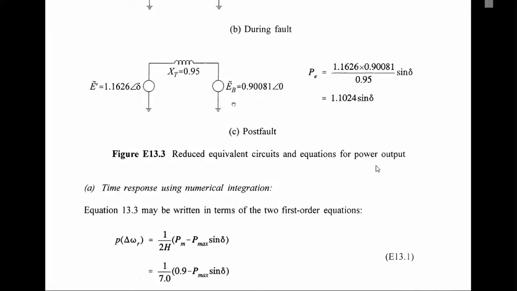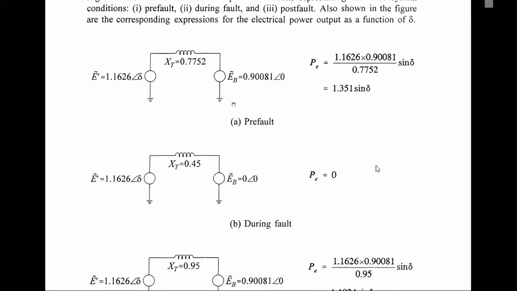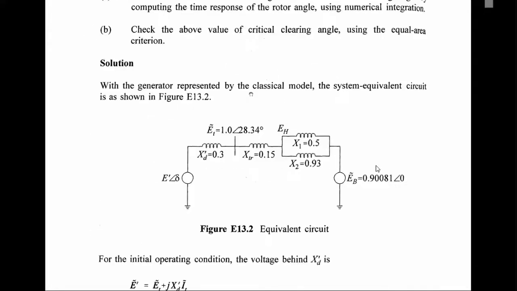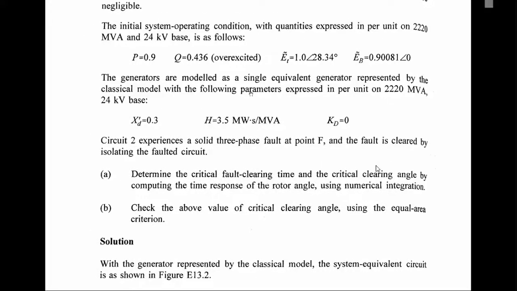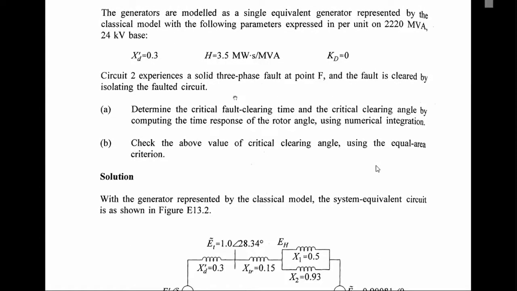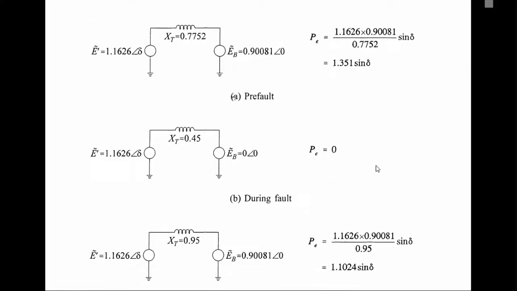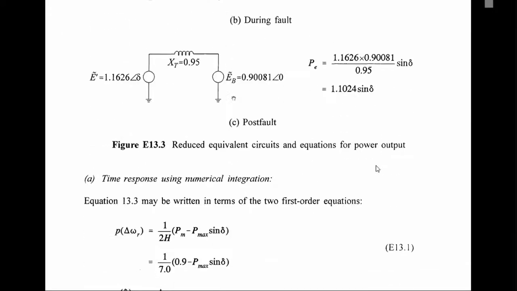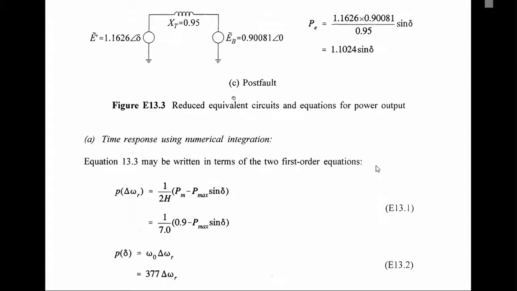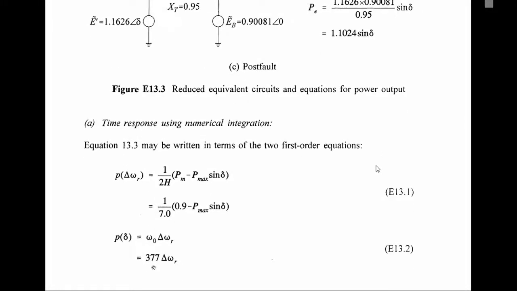To simulate this fault, you also need the value of H, which is equal to 3.5 MW per MVA, and the initial speed of the rotor, which is given here as 377 rad per second. So omega naught is equal to 377 rad per second.